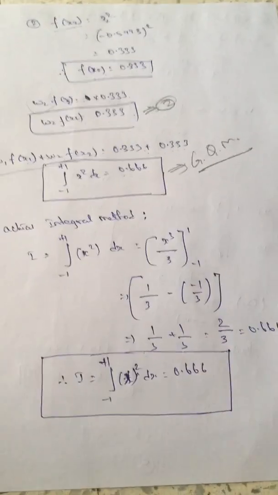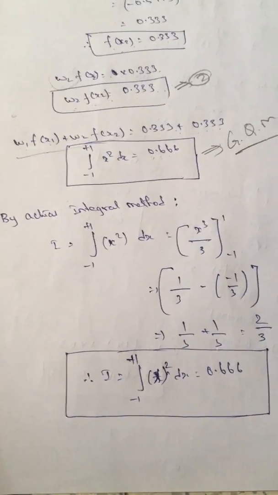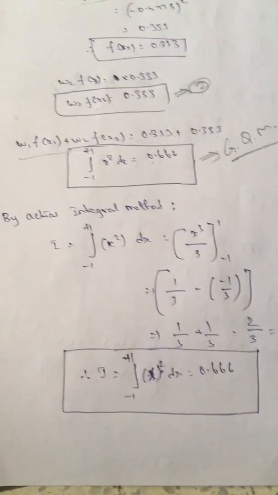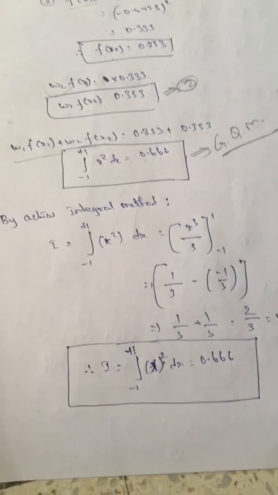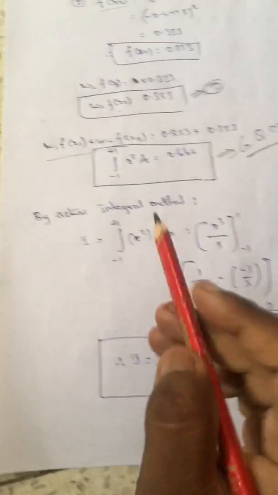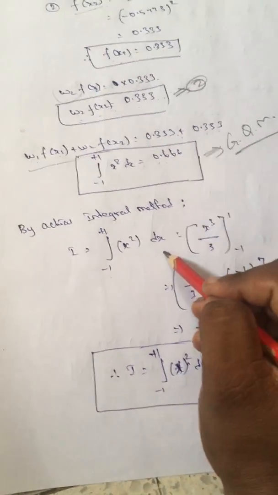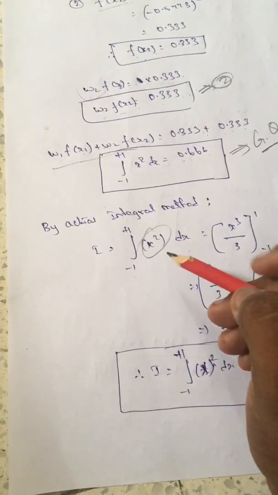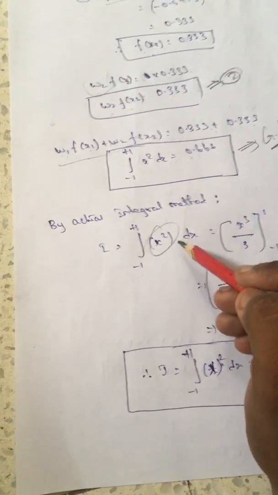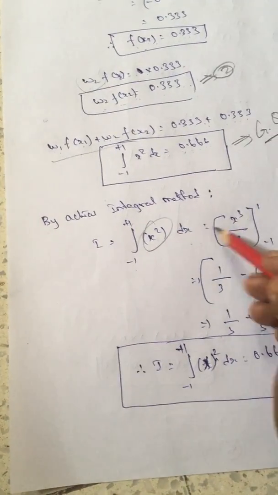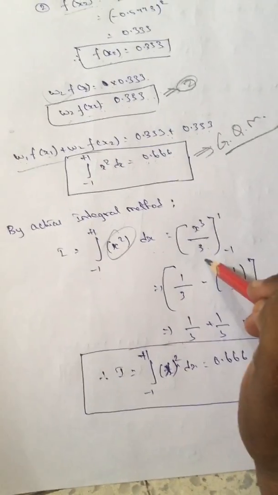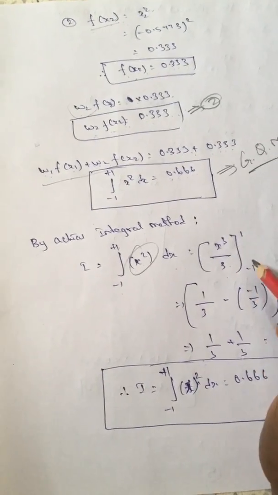Now I am going to compare this value with the actual integral value. The equation is I equal to the integral from minus 1 to plus 1 of x squared dx. Integrating x squared gives x cubed divided by 3, with limits 1 and minus 1.